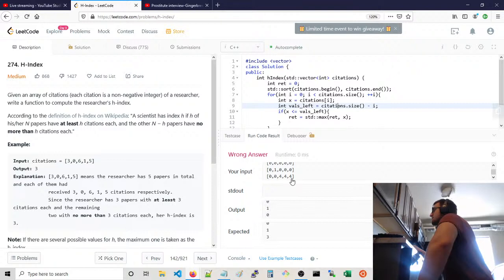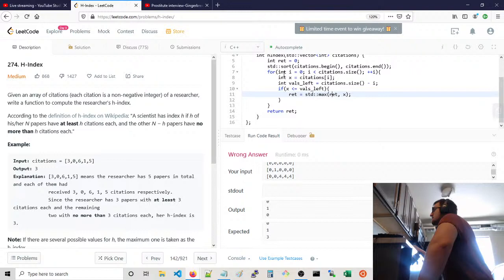The size is 5 minus i is 0. If x is less than or equal to 5, which it is, then we take the maximum of ret and x. So 0, then there's 4. 0 is less than or equal to 4.